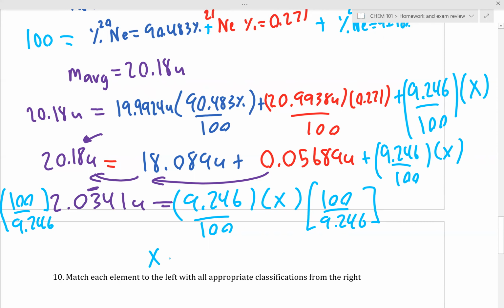And that in turn gives us a value of x. So we have 2.0341 times 100 divided by 9.246.